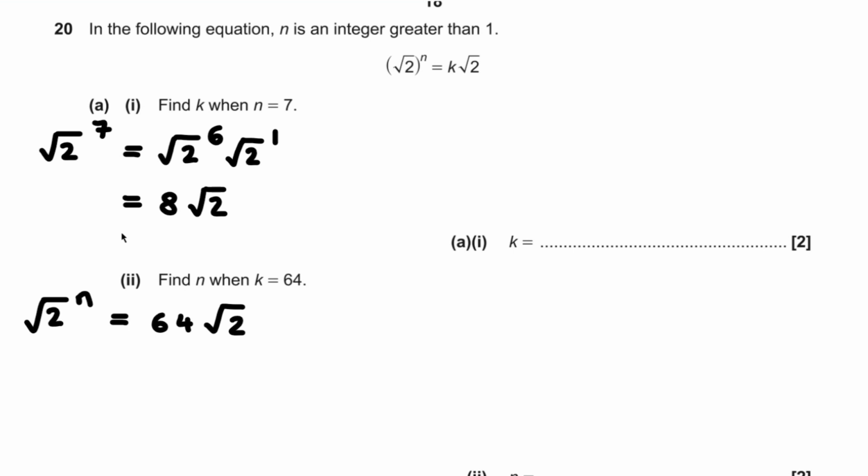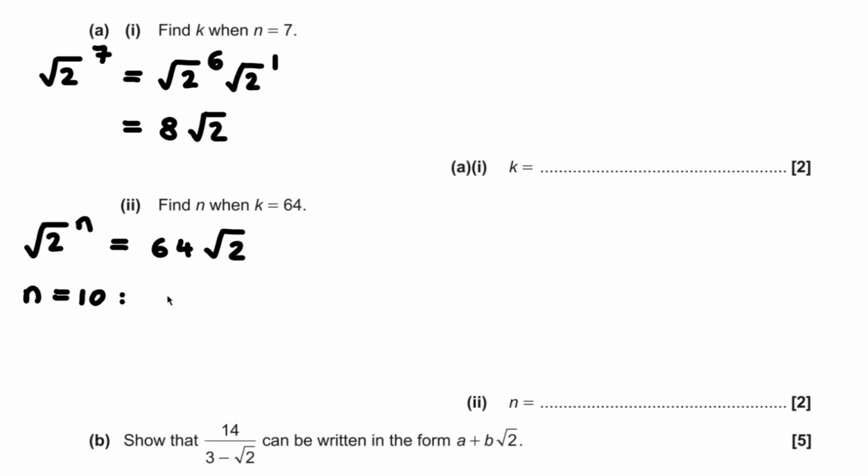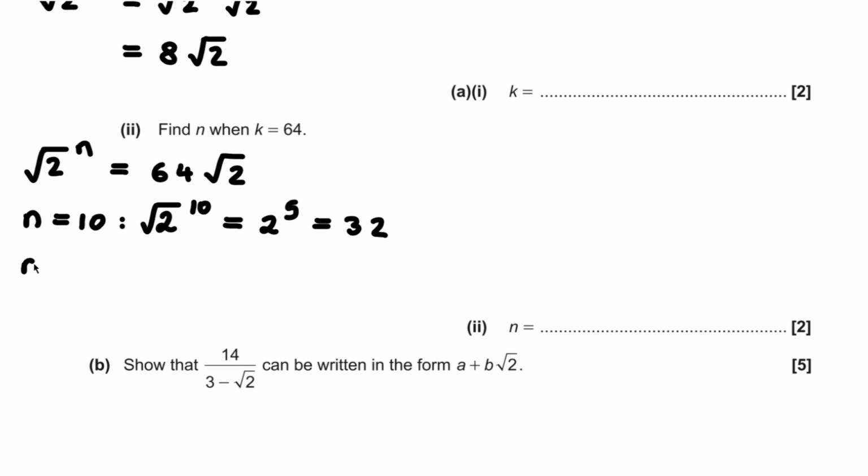Well, let's just try n is 10. When n equals 10, we've got root 2 to the power of 10, which is 2 to the power of 5, which is 32. If n is 11, we're going to have 32 root 2. Now, let's try what happens when n is 12 then.